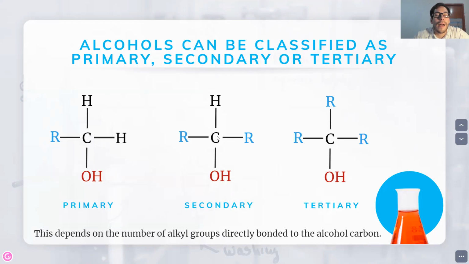When the carbon of the alcohol group is connected to two R's or two chains, it's a secondary alcohol. And the tertiary, as you can see, contains a connection to three different alkyl chains. So depending on the number of alkyl groups directly connected to the carbon that contains the alcohol group, it's the primary, secondary, or tertiary classification.